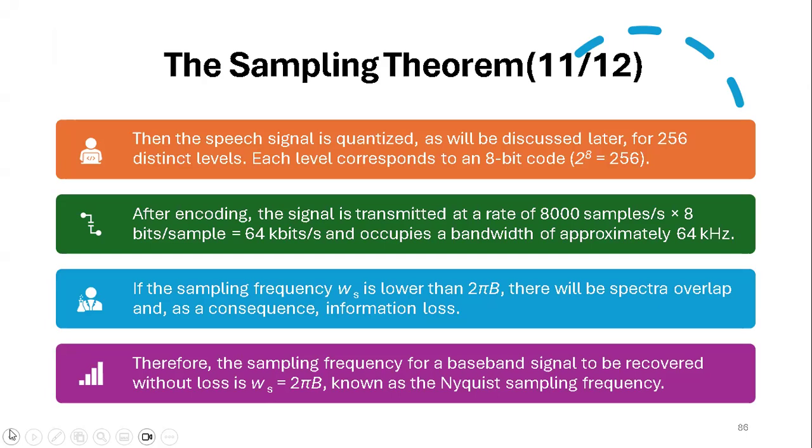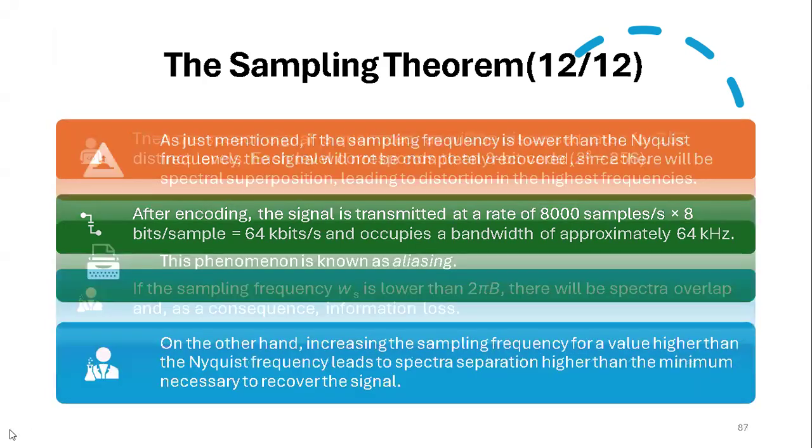Then coding the sequence transmits at a rate of 8,000 samples per second, 8 bits per sample, which is 64 kilobits per second. If the sampling frequency is lower than 2W, there will be spectral overlap and loss of information. Therefore, the sampling frequency for a baseband signal with bandwidth W, which is 2W, is known as the Nyquist sampling frequency.